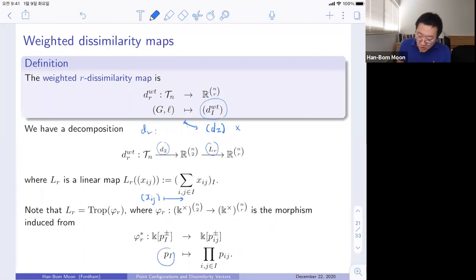For the coordinate p_I, we can simply send it to the product of p_ij where ij is in I. And this is a very combinatorial map between two Laurent polynomials. Take the associated map between affine varieties and take the tropicalization of the map, then we can obtain the linear map L_R. So there is a connection between the linear map and the tropical variety.